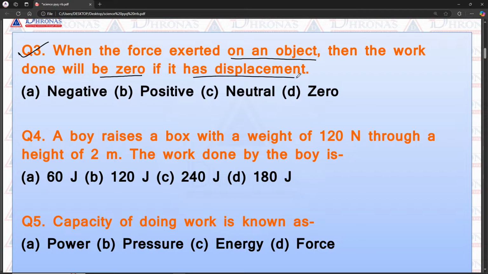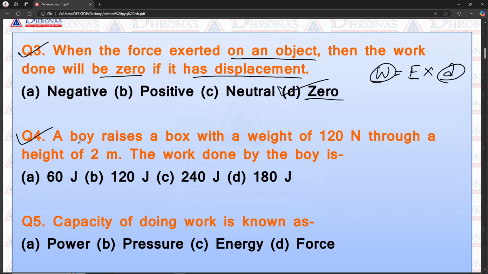So work is equal to force into displacement. So work is 0. That means आप force apply कर रहे हो, फिर भी work 0 आ रहा है. That means the displacement is 0. That's why you are getting 0 work. So if the displacement is 0, then the work will be 0.